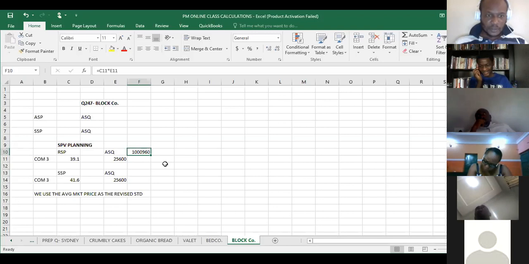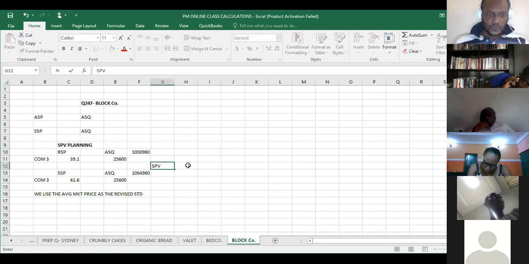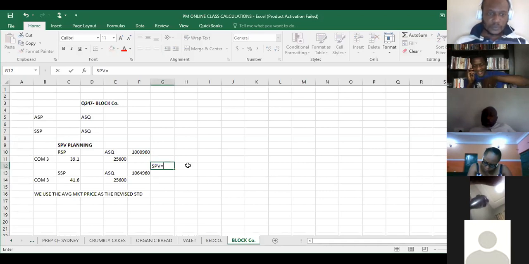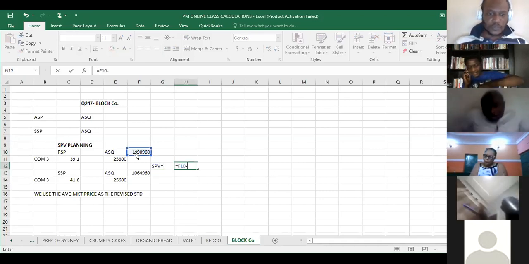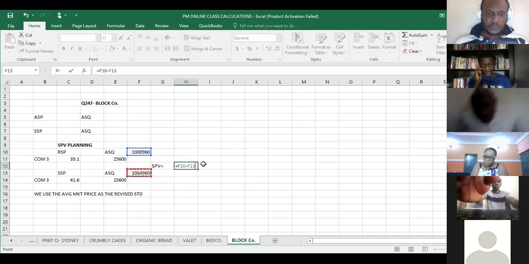Therefore our selling price variance, that's just 2 marks. So our selling price variance will be equal to the top one minus the down one. And with that, we're good.